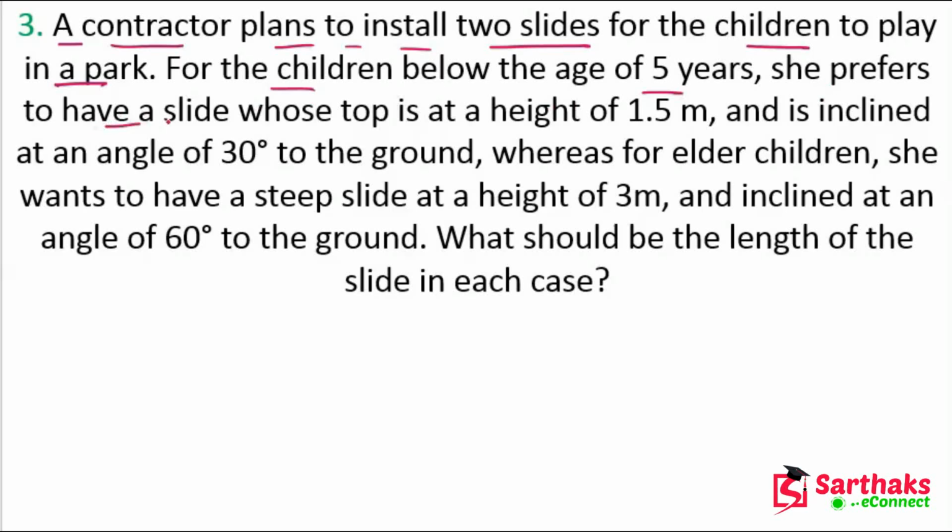She prefers to have a slide whose top is at a height of 1.5 meter and inclined at an angle of 30 degree to the ground. Whereas for elder children, she wants to have a steep slide at a height of 3 meters and inclined at an angle of 60 degree to the ground. What should be the length of the slide in each case?